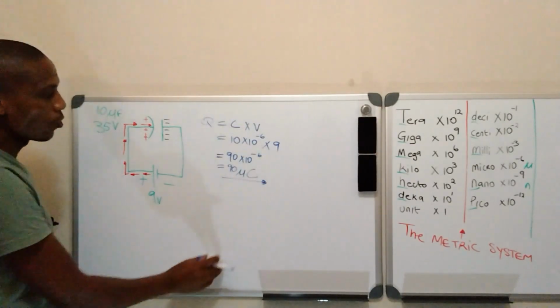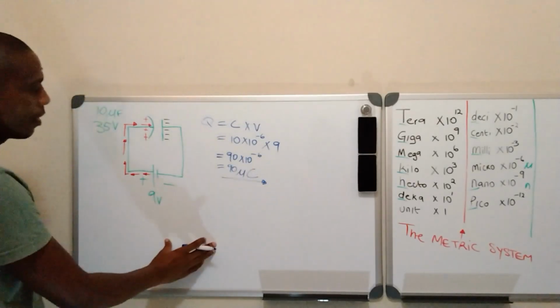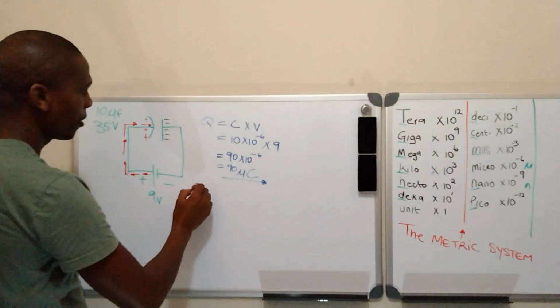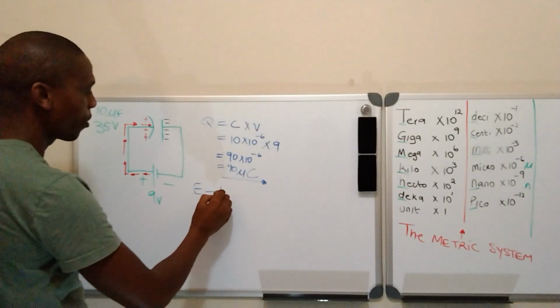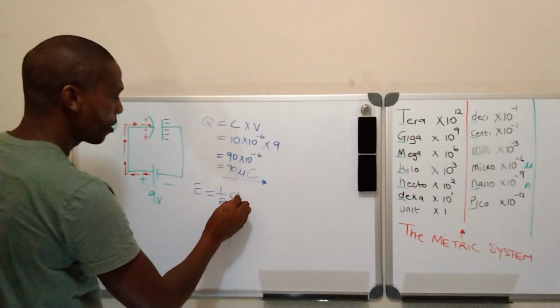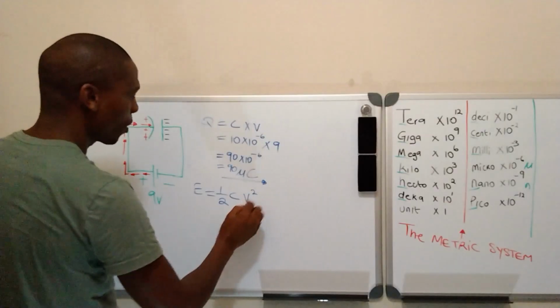So now let's determine the energy across this capacitor. The energy E is equal to half multiplied by capacitance multiplied by the square of the voltage.